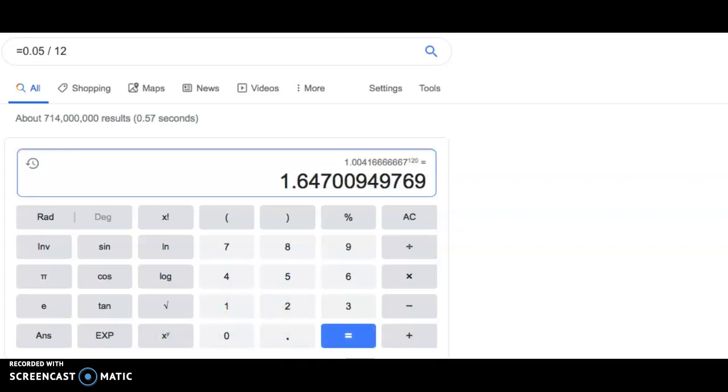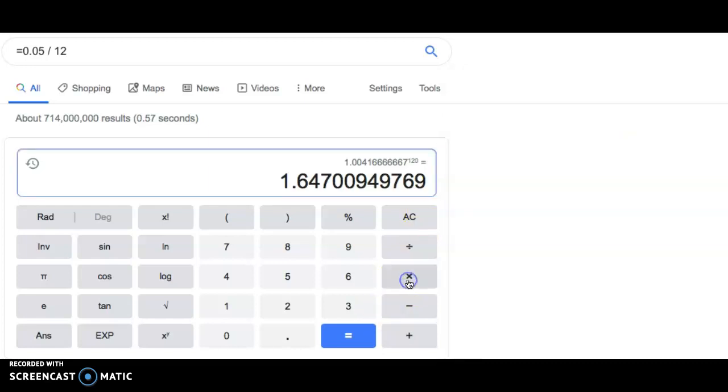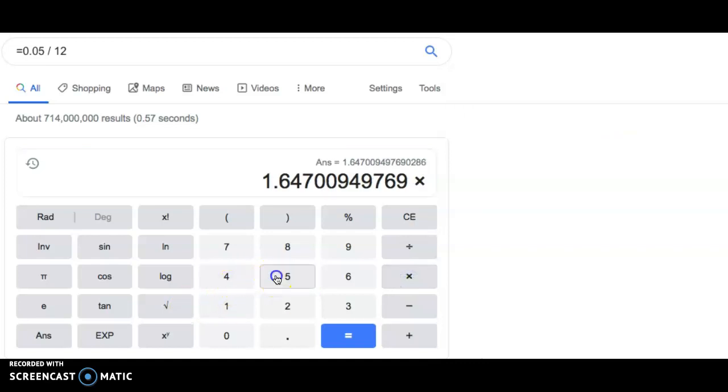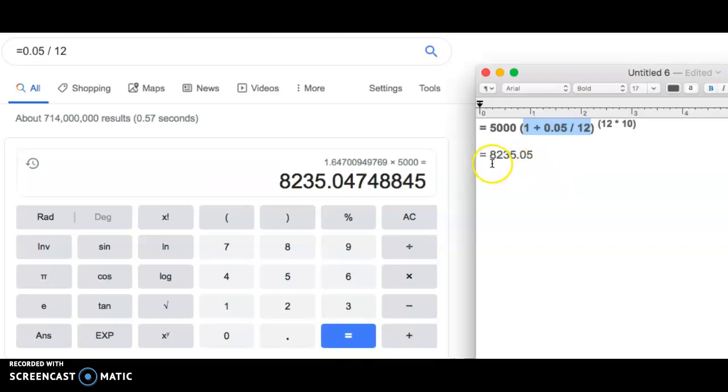Okay, and then, so that's this to the 120th. And then I need to multiply by 5,000. So I'm going to go back here and I'm going to multiply by 5,000. And what do we end up with? We end up with the same answer, 8,235.05.